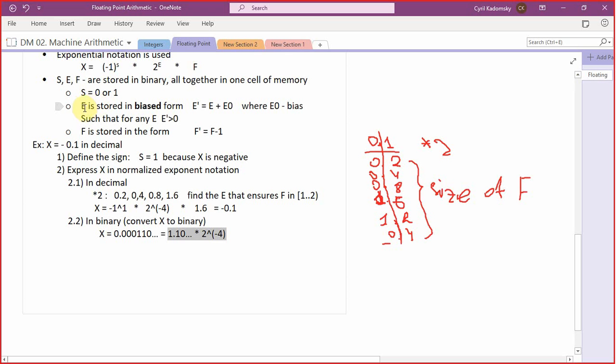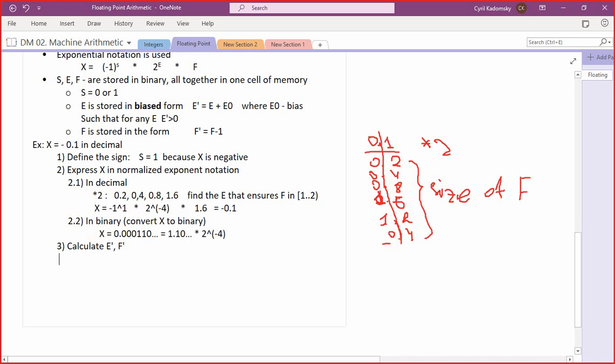What are E and F equal to then? Well, that would be step 3, and the final step: calculate the exponent and fraction in modified form.